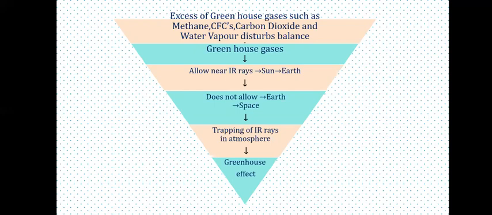So this effect of trapping of the IR rays in the atmosphere, thereby resulting in an increase in the Earth's surface temperature, is basically called the greenhouse effect. All right, so I hope you have understood what exactly the greenhouse effect is.